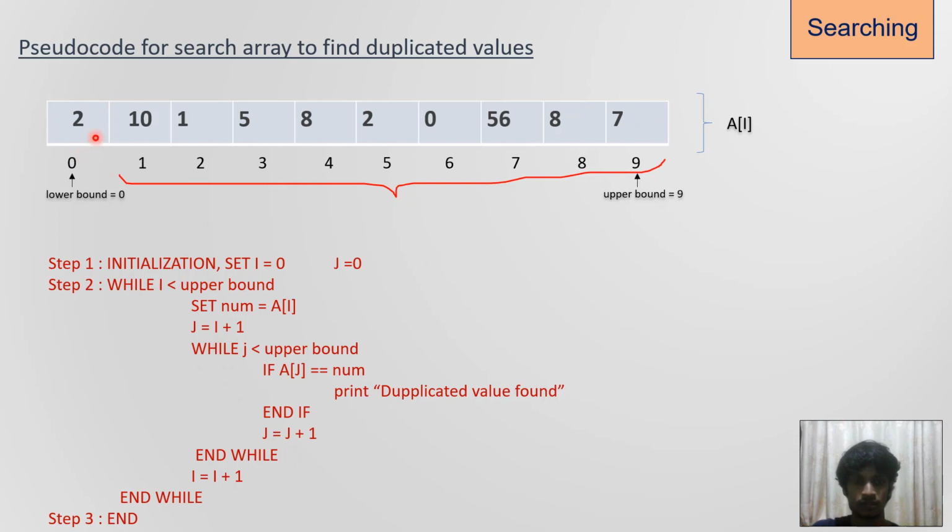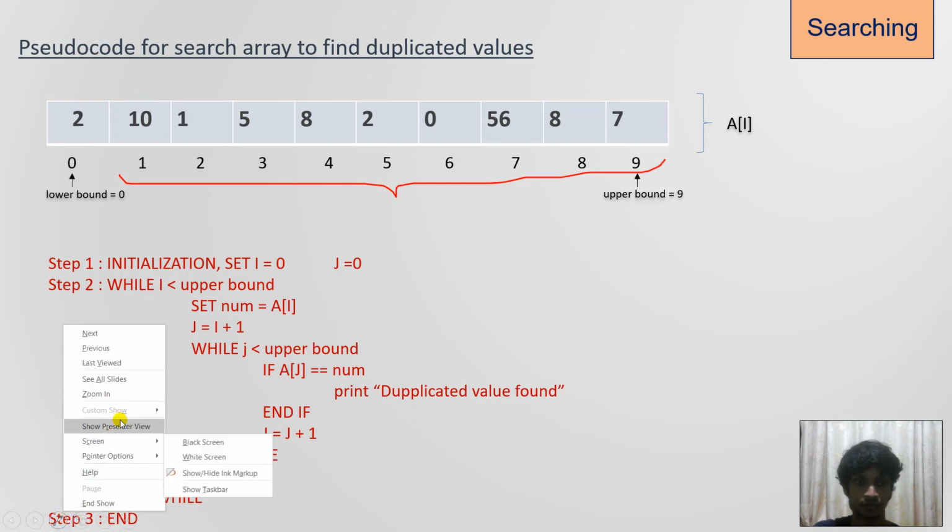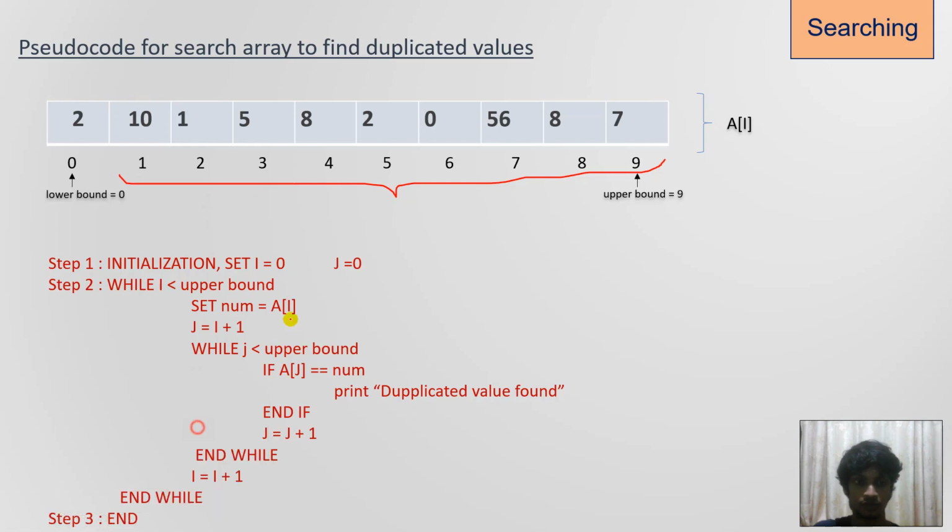Likewise, i will be incremented by 1, which means our first while loop is now at this place, and our second while loop will traverse the other existing values.